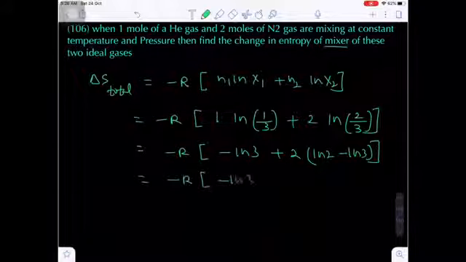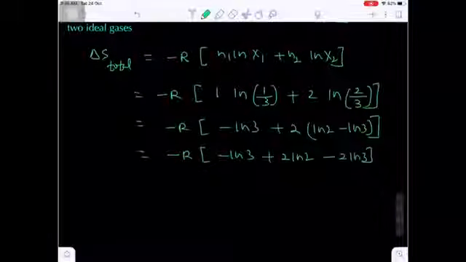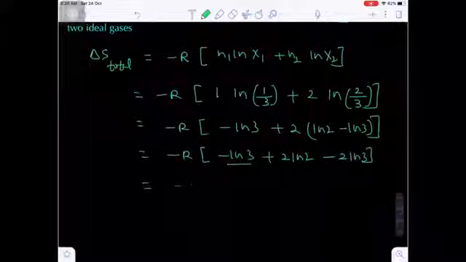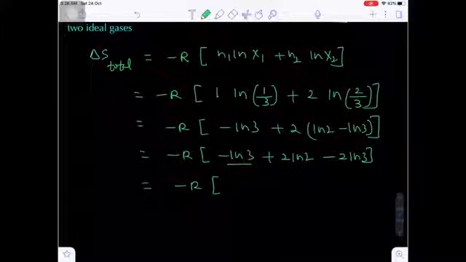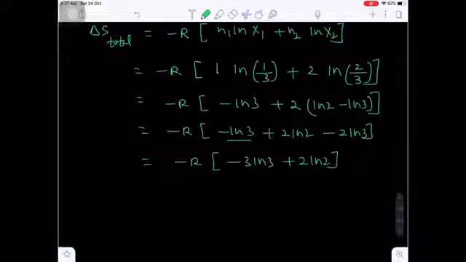So minus R into minus ln 3 plus 2 ln 2 minus 2 ln 3. So already minus ln 3 is there. So minus R into minus 3 ln 3 plus 2 ln 2.